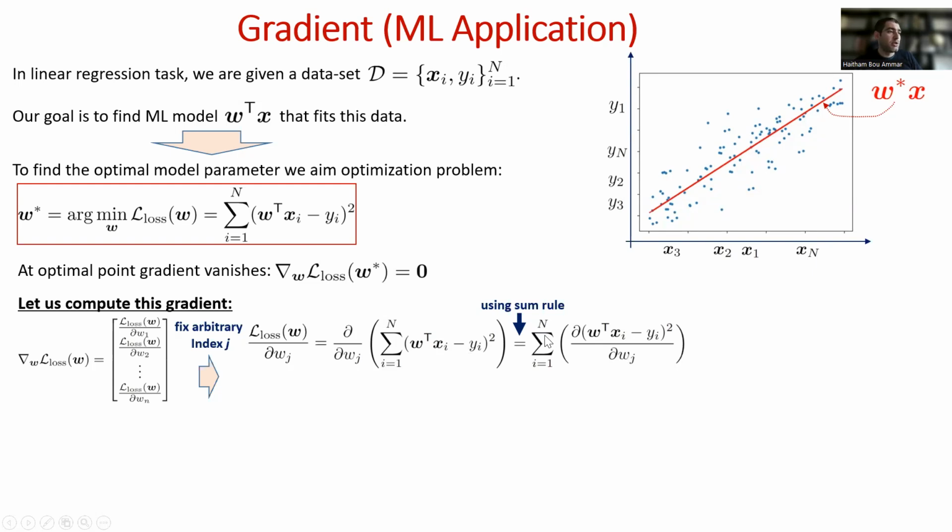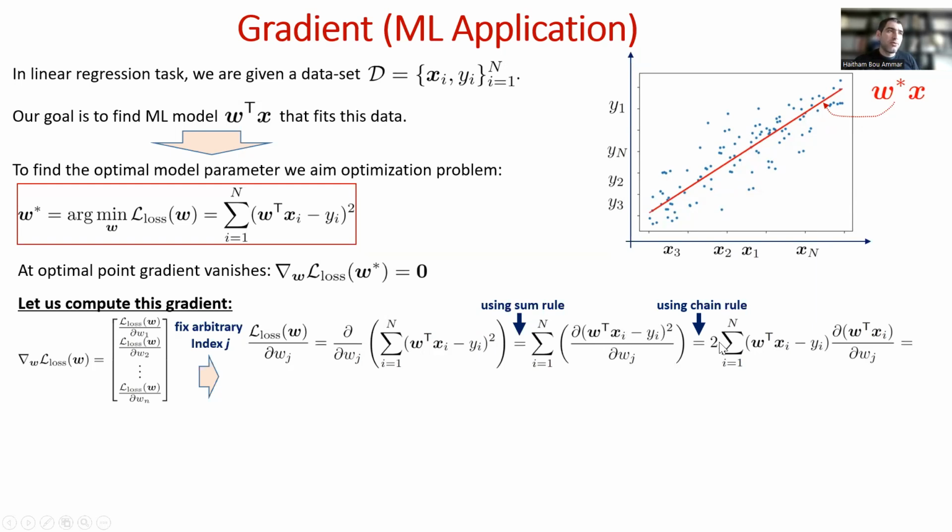Therefore, we can put this partial differentiation inside of the sum over all the data points. Then we take the partial derivative of this function with respect to w_j, which is the jth component of the parameter. Now you can use the chain rule: to compute this partial derivative, I can compute the partial derivative of a quadratic function that takes as input w transpose x_i minus y_i.